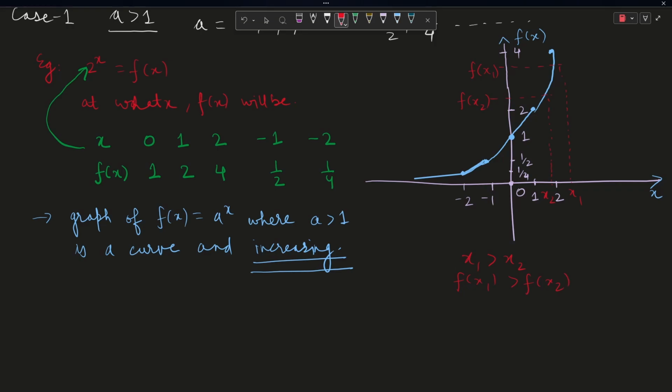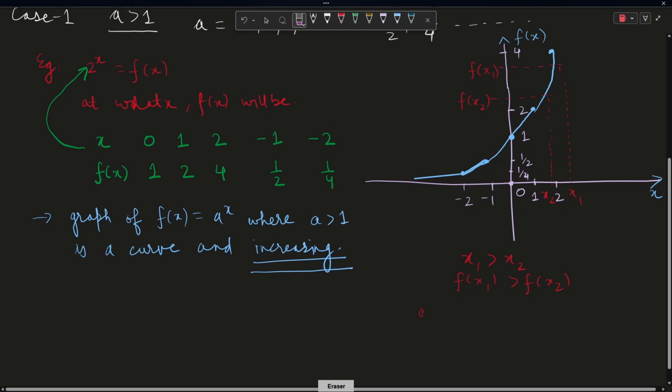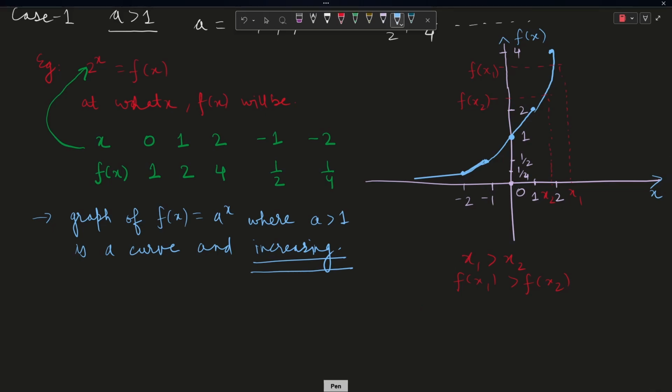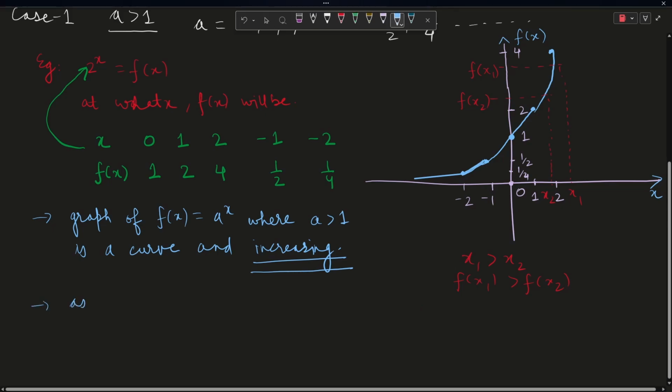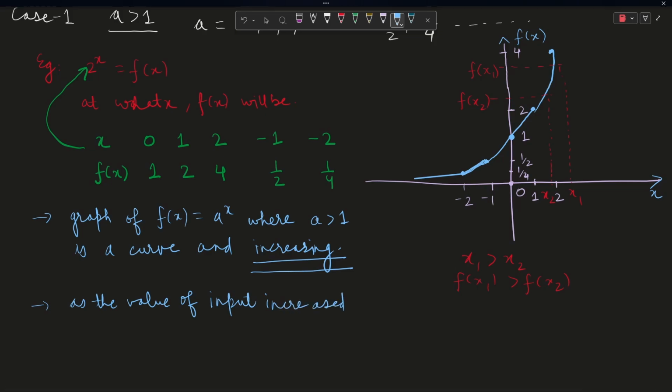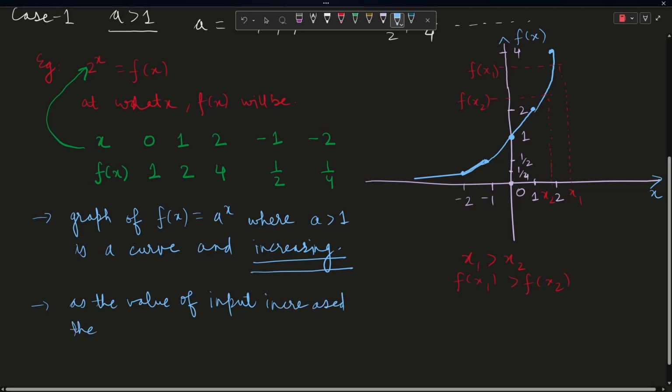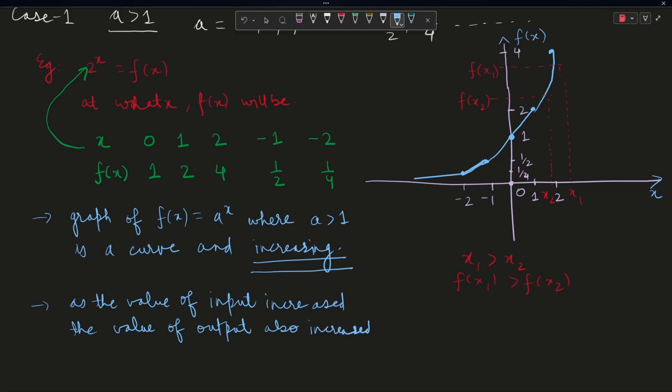That simply means that as the value of input increased, the value of output also increased. As the value of input increased, the value of output also increased.